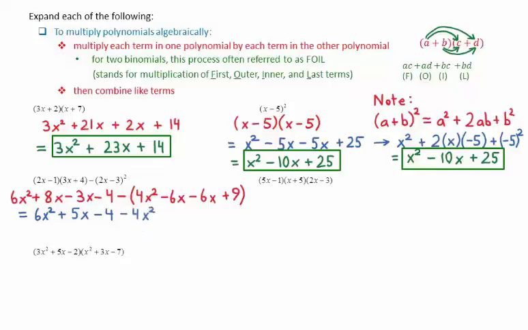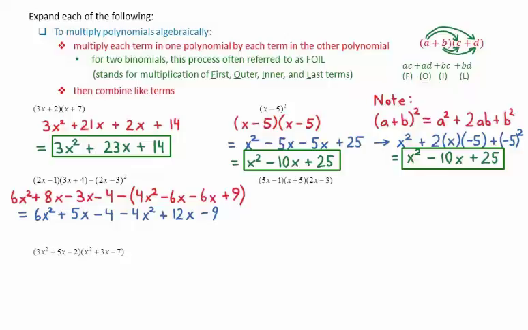minus 4x squared. Note that here we are combining the minus 6x to get minus 12x, but then we have to distribute the negative sign outside the brackets, so this becomes positive 12x. And again, we have to distribute the negative sign outside the brackets, giving us negative 9.